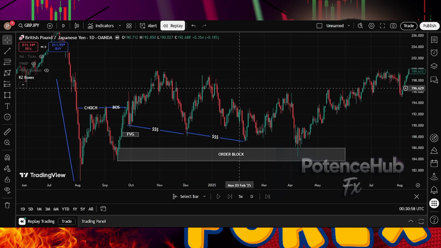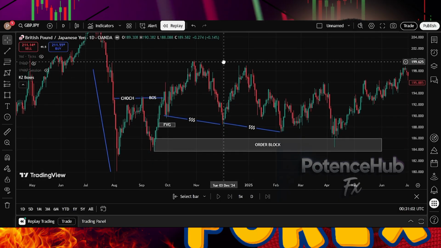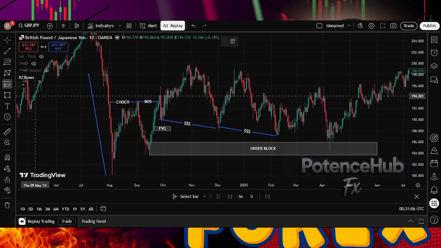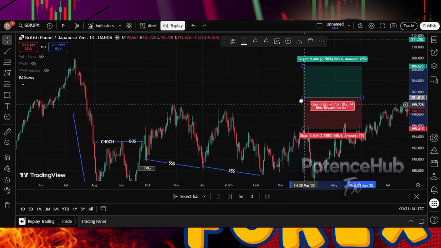With this, you will be able to see that this is a beautiful confirmation for you to place your trade. All you need to do at this point is go for a long order. Remember to set your stop loss.